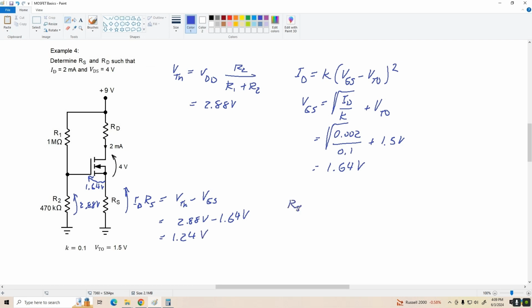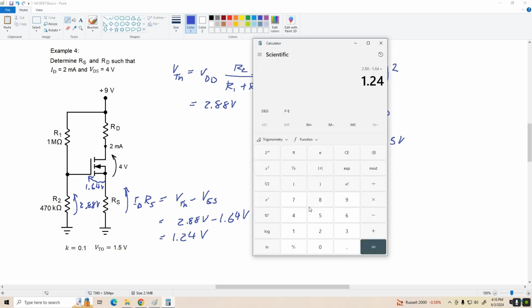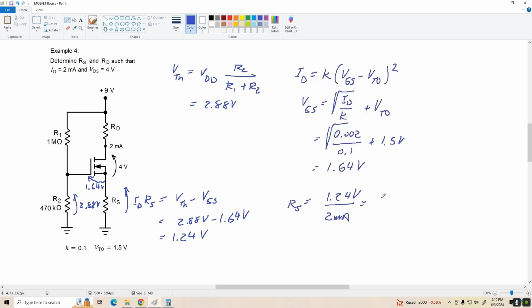That means RS by Ohm's law is 1.24 volts divided by 2 milliamps, and let's see what we've got here. 1.24 divided by 0.002, 620 ohms. All right, so if we could, we'd use a 620 ohm resistor here, but that's not a standard value.